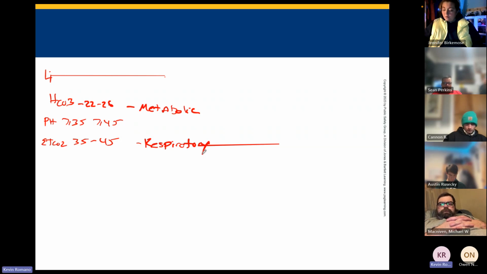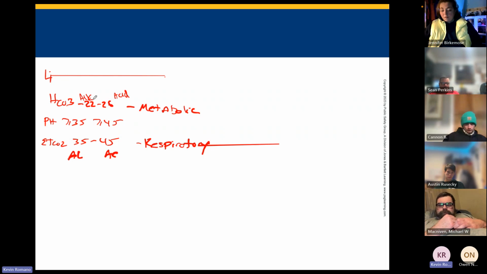So I'm going to ask you guys a bunch of questions here with these numbers being in place. Remember that anything above this here is acidotic, and that's alkalotic for this one here. Elevated bicarb, acid.